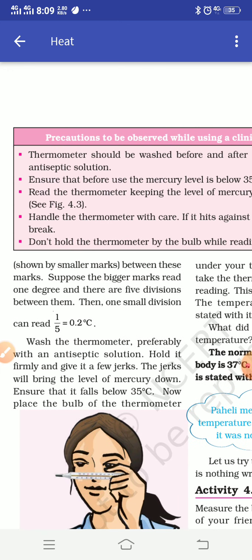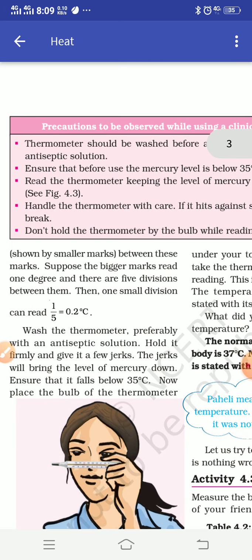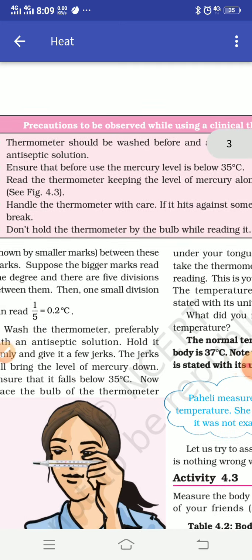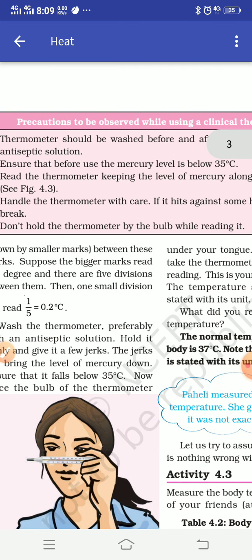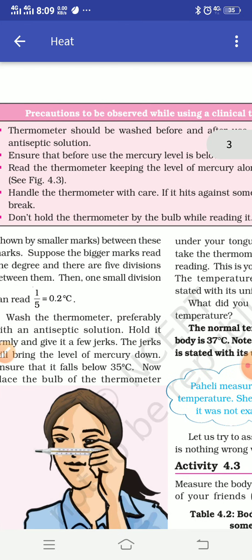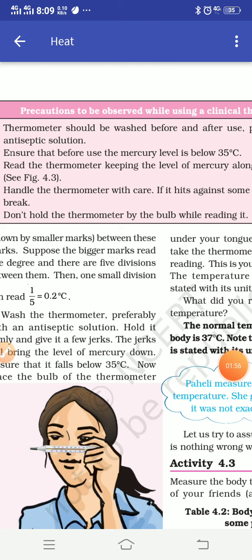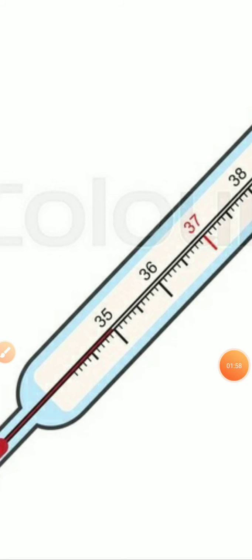Suppose the bigger marks read 1 degree and there are 5 divisions between them, then the value of one division can be read. So we will again observe this and find out our result.